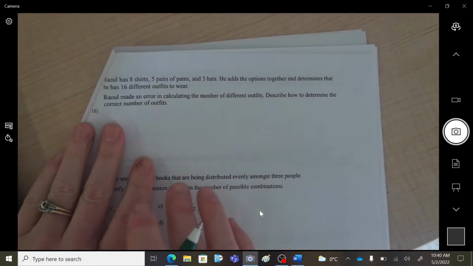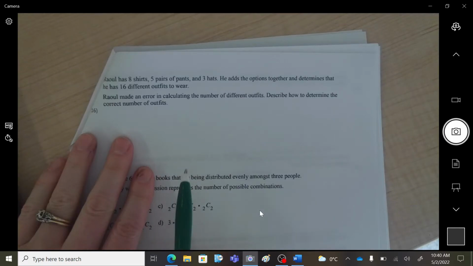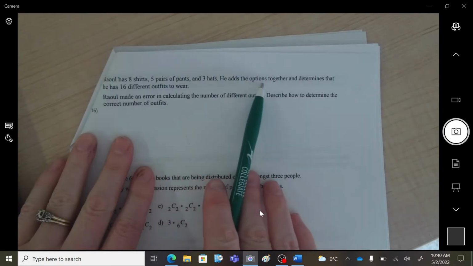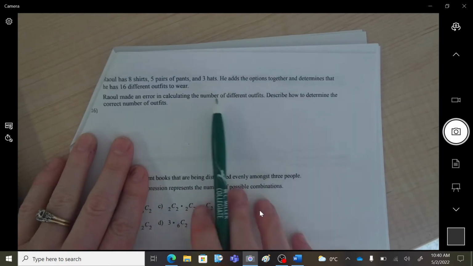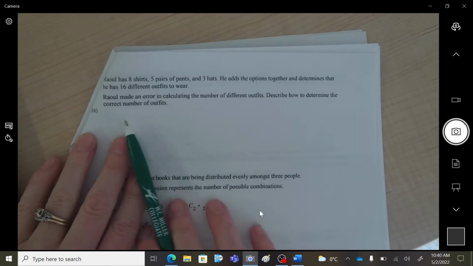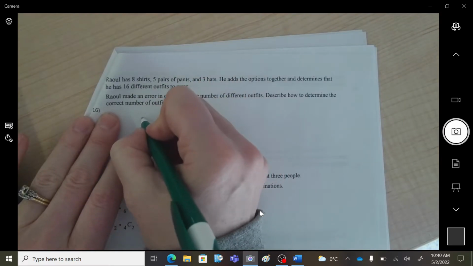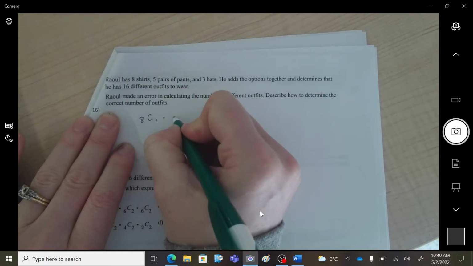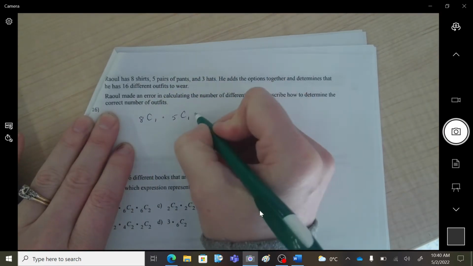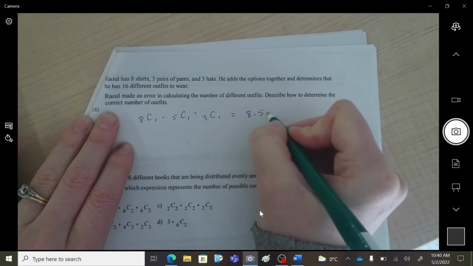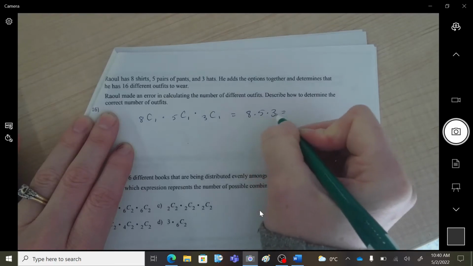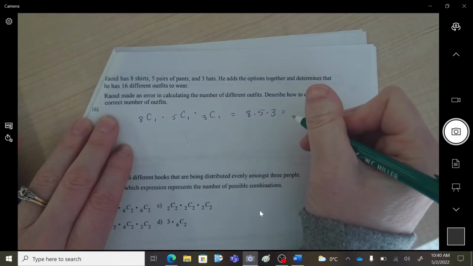Number 16. 8 shirts, 5 pants, 3 hats. He adds the options together to determine there were 16 outfits, but that was an error. Describe how to determine the correct number. So we would do 8 choose 1, 5 choose 1 for pants, and 3 choose 1 for hats. So 8 times 5 times 3 is 120.